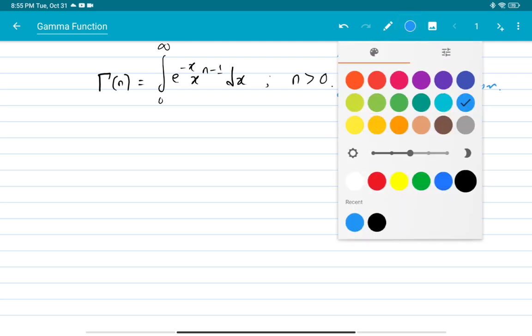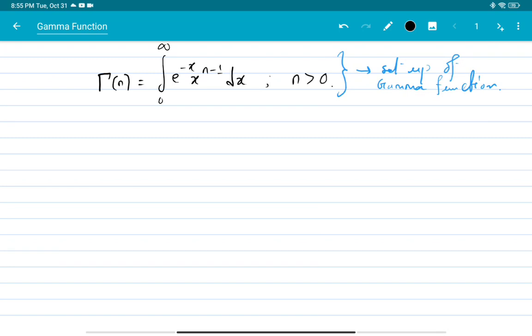So next is the convergence of the gamma integral.